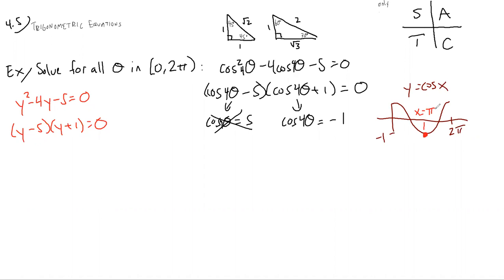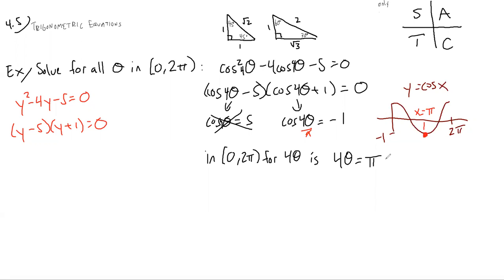So in this case, the x is actually going to be my 4 theta in that picture to the right. So for my solution in 0 to 2 pi for 4 theta, 4 theta is pi.